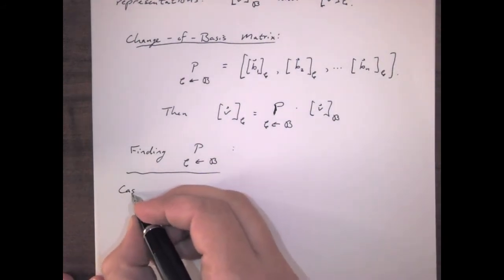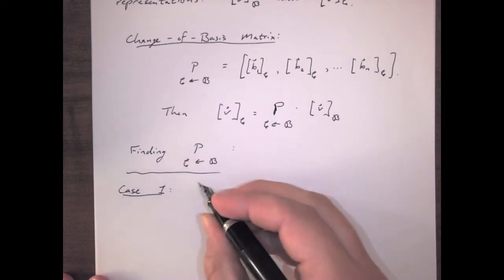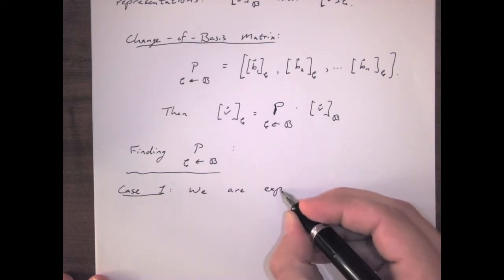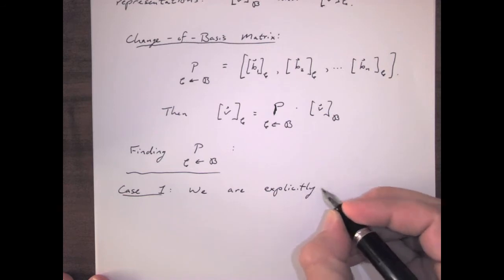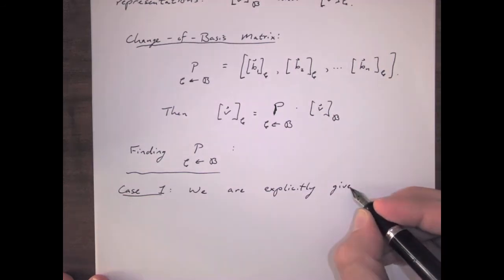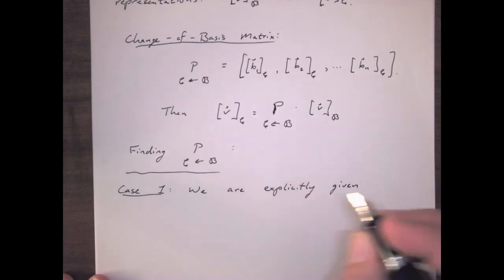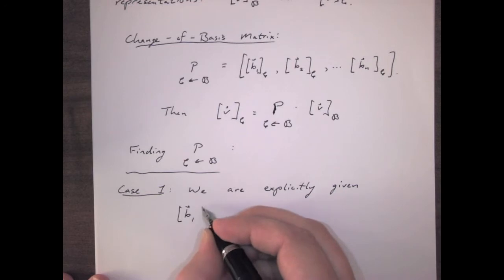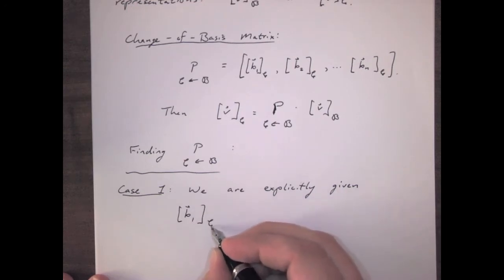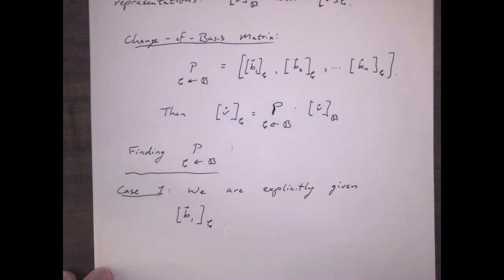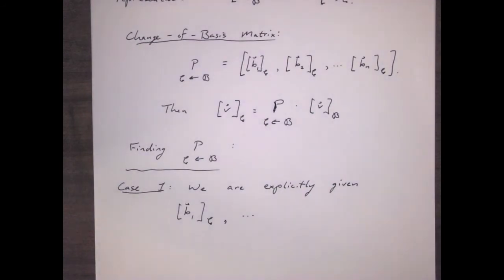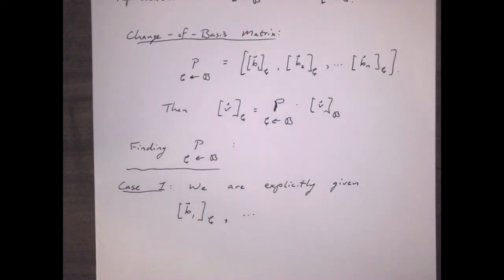So case 1: we are explicitly given the representations of the B's with respect to the C's. So then it's just a matter of converting it properly into a matrix.